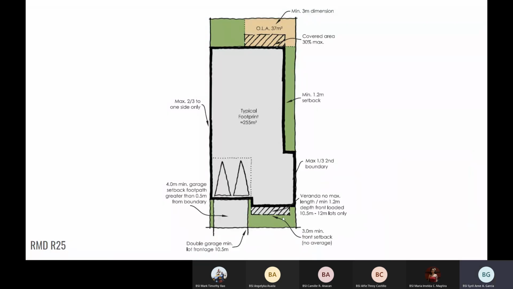The maximum height of that wall is 900 mm. And the frontage should measure 10.5 to 12 meters.